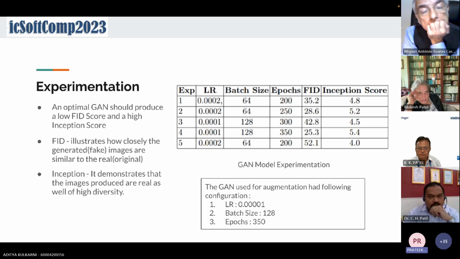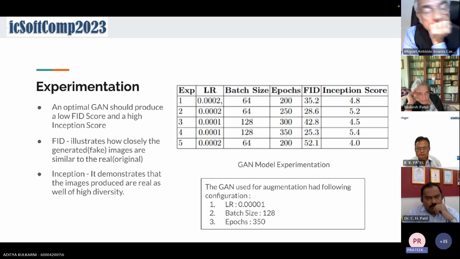For the GAN experimentation, we took various hyperparameters such as the learning rate of the discriminators and the generators, the batch sizes of our data set, the number of epochs, and two important metrics which are FID and inception score.